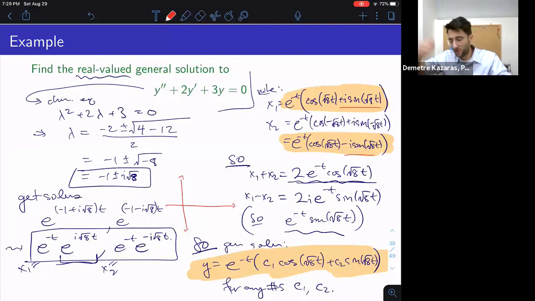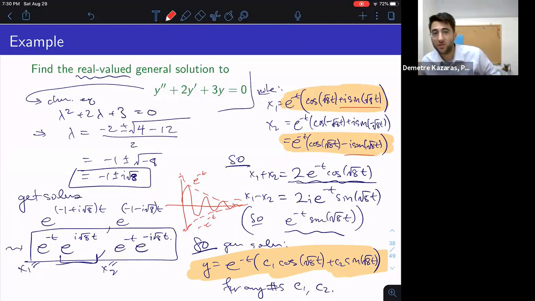So this will have the look of a trig function that gets dampened. They'll be trapped in between these e to the minus t and minus e to the minus t curves. So it'll be oscillating in between those two curves. That's just the behavior that we're observing for solutions to this equation.